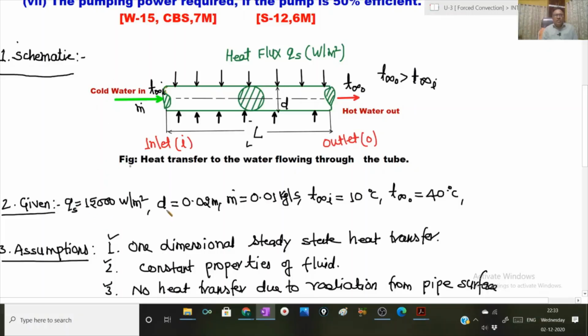Inner diameter of the tube is given as 0.02 meter. Mass flow rate of the water flowing through the tube is given as 0.01 kg per second. Inlet temperature of the water is 10 degrees Celsius, and outlet temperature of the water is 40 degrees Celsius. And efficiency of the pump is also given, and it is 50%.